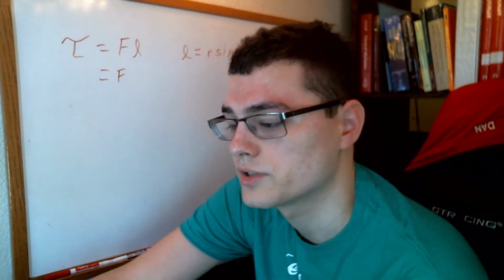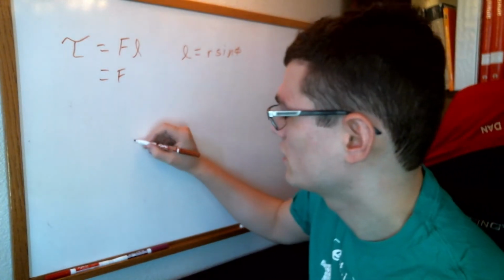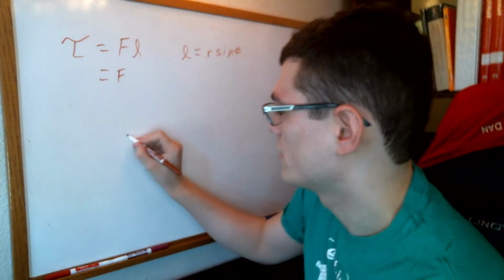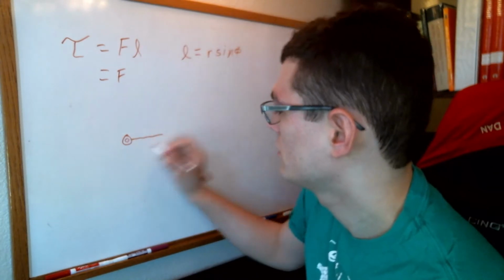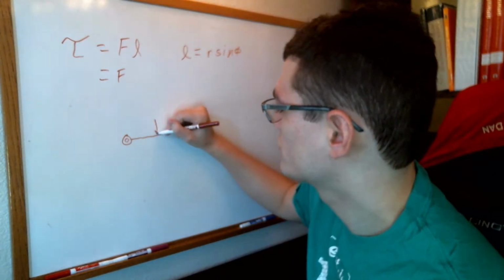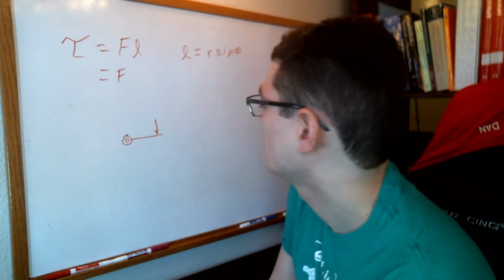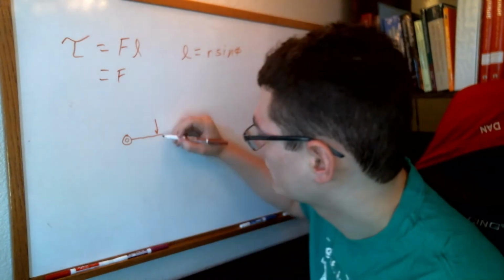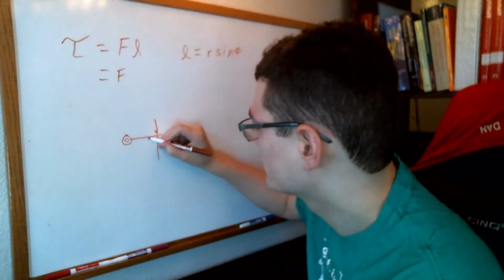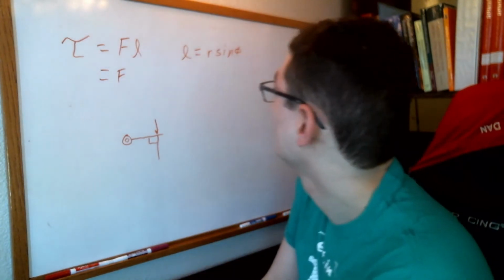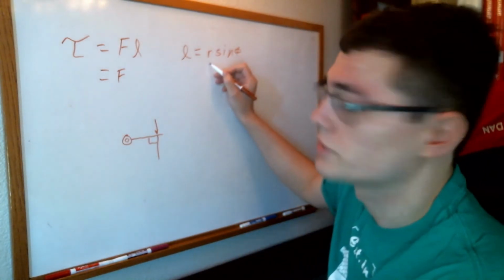So say you have a wrench around a bolt and you apply a force straight down, then sine phi is all in the tangential direction, where this is going to be 90 degrees, and then this is just equal to R.